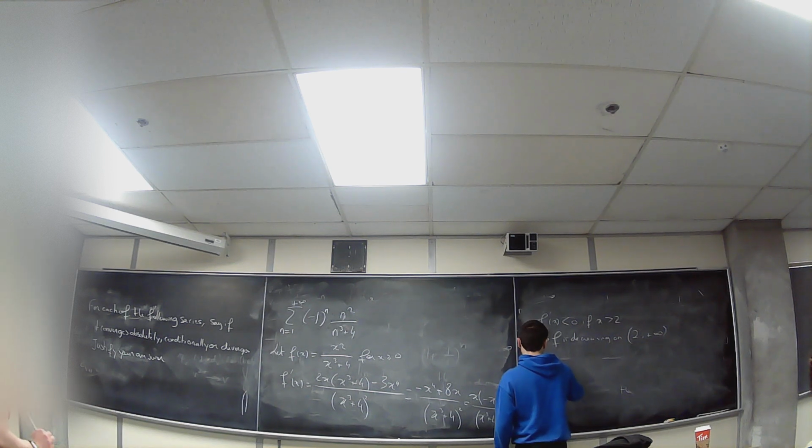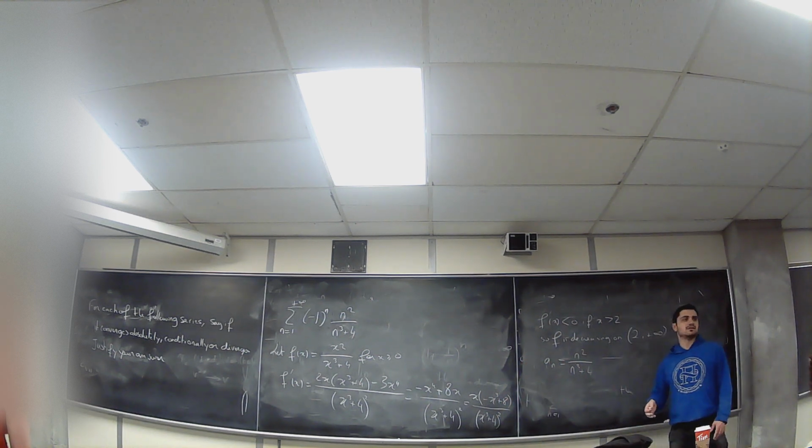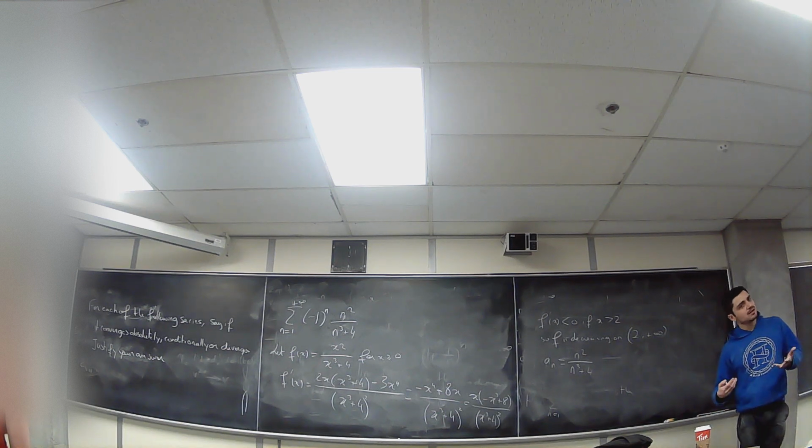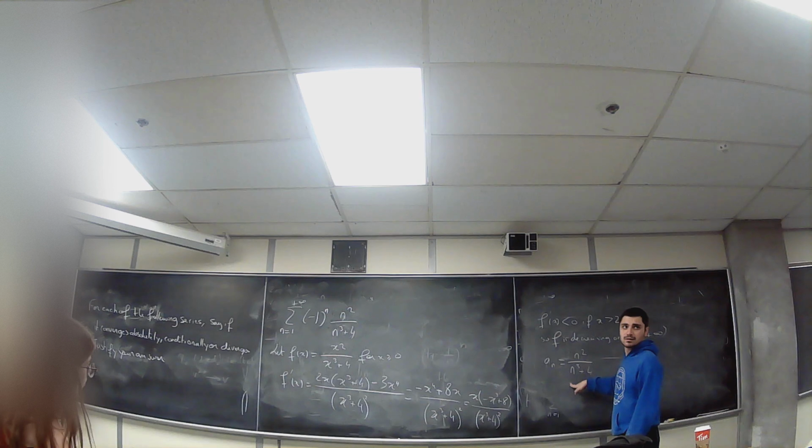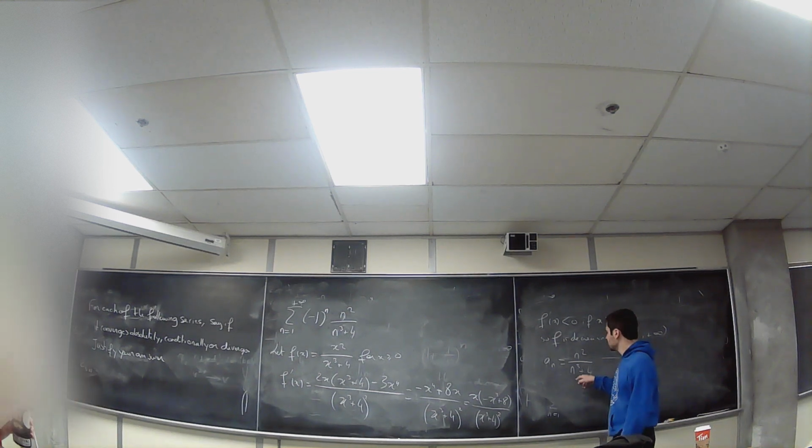which means that a_n, and this is kind of obvious, right? Because a_n will behave like what? 1 over n, right? You have n squared here and n cubed here. So these are the dominant terms. So you can expect it to behave like 1 over n.